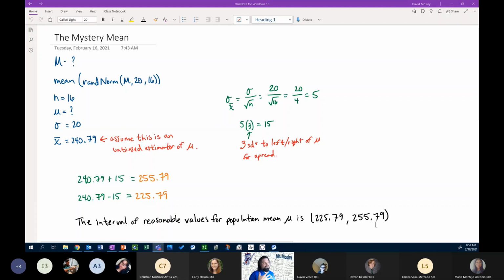So this is how we can use what we've learned about population means from chapter 7 to come up with an idea of a possible range of values for mu in this example. Are there any questions or anything I can clarify about this example?